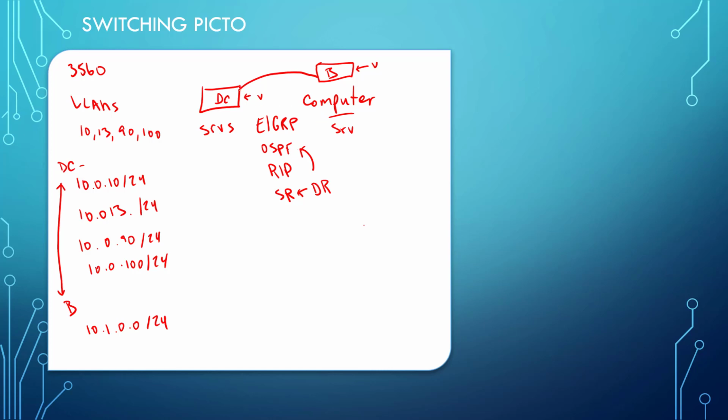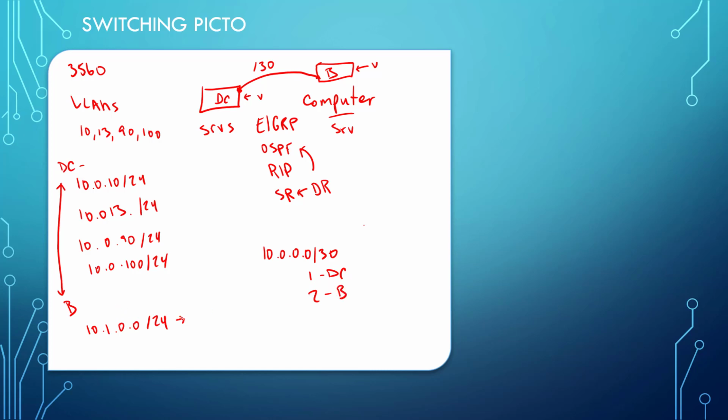So we'll have an interface here, an interface here. Technically, we usually use a /30 because it's a point-to-point. So I guess as an example, 10.0.0.0/30. We'll have 1 on the DC and 2 on the branch.